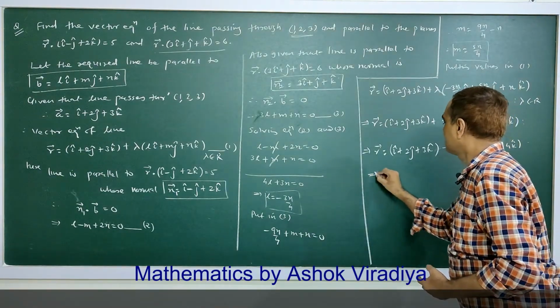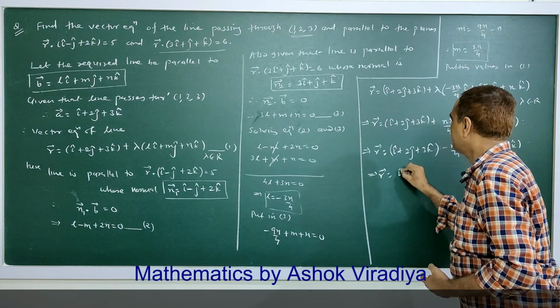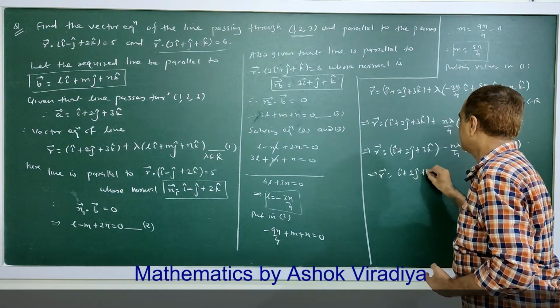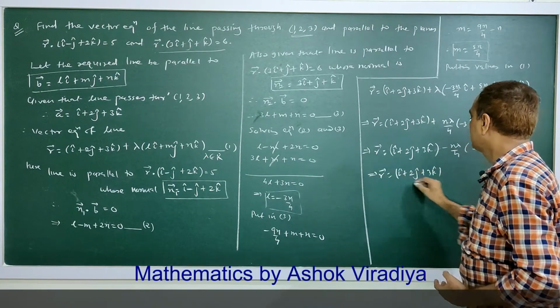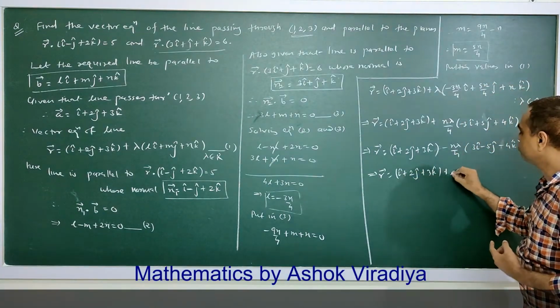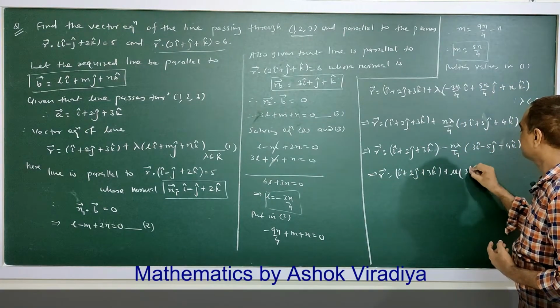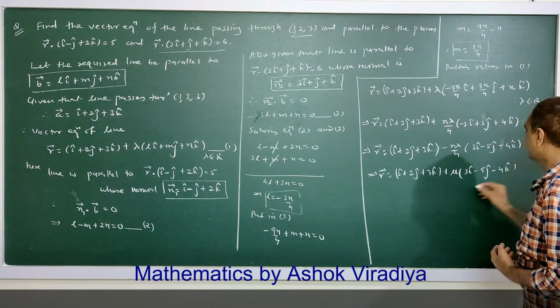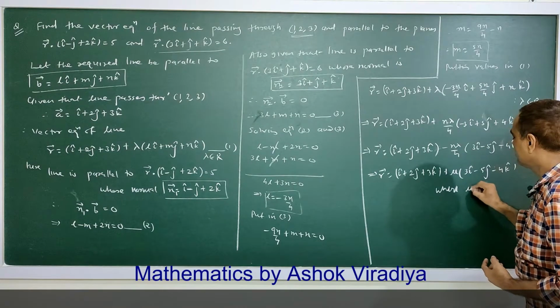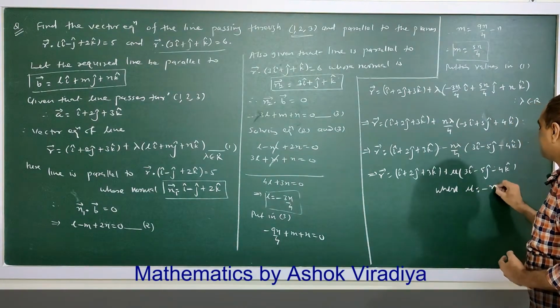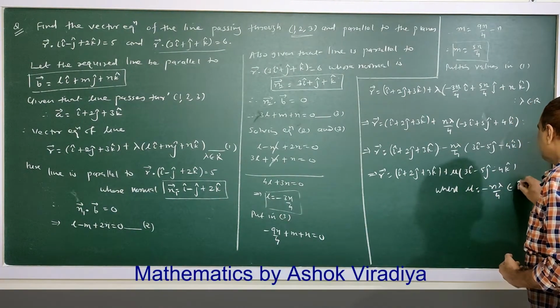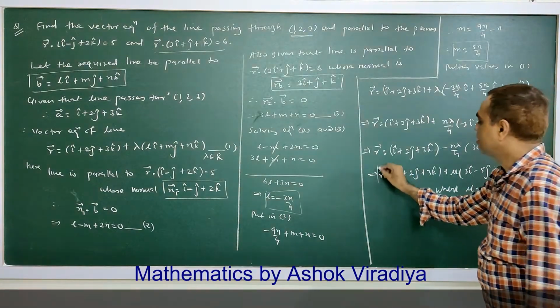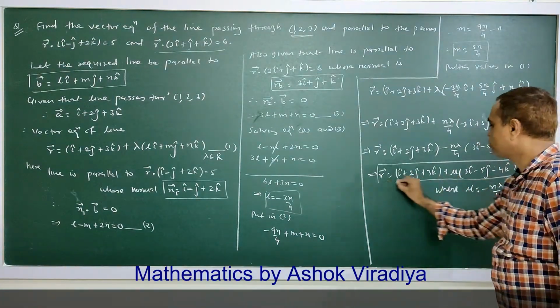That is, vector r is i plus 2j plus 3k plus mu times this vector, where mu is any real. So this is the vector equation of the required line.